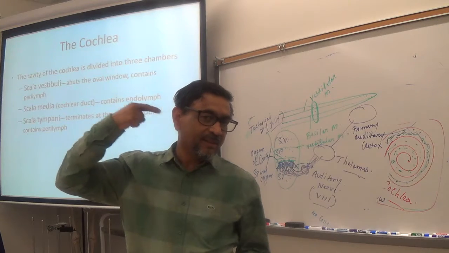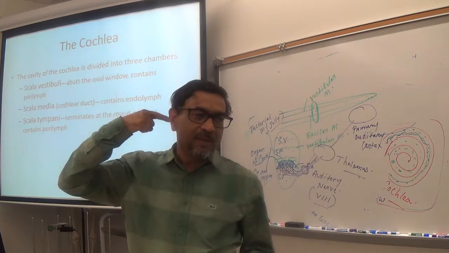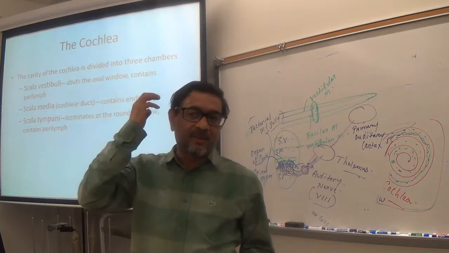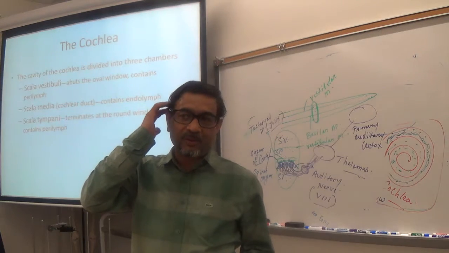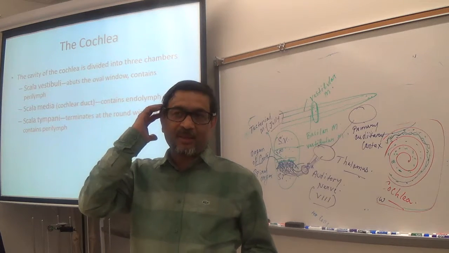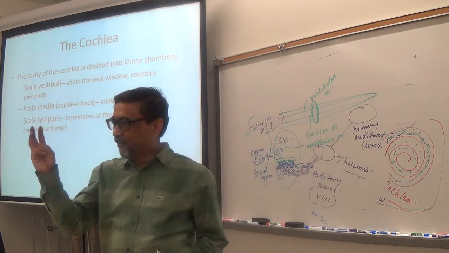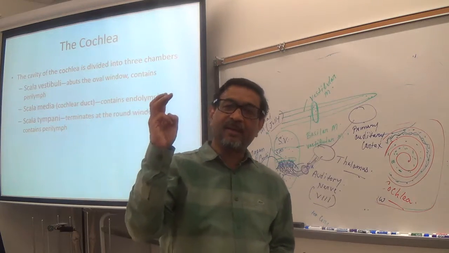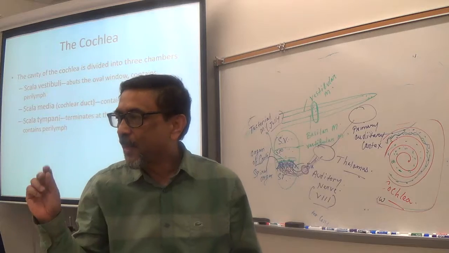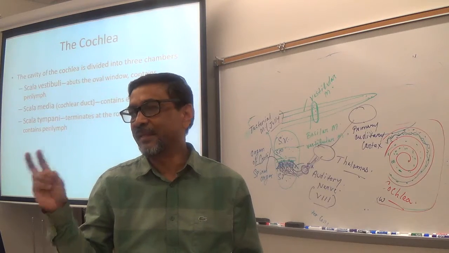And the canal is called what? External acoustic meatus. Is it clear? And middle ear is located inside which bone? Temporal bone. It is a cavity inside the temporal bone, right? And it has how many ossicles? 3. Malleus, incus, and stapes. Make sense? And how many tiny muscles? 2. Stapedius and tensor tympani.